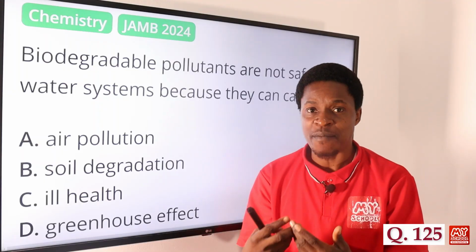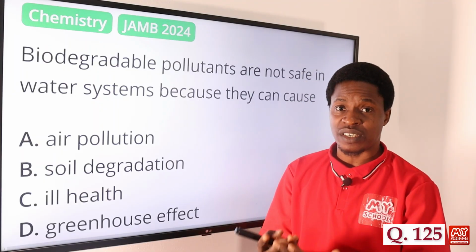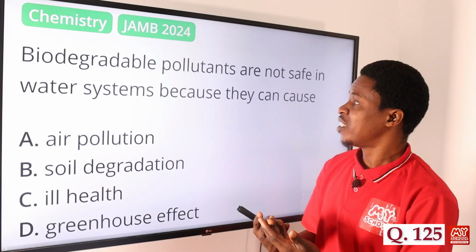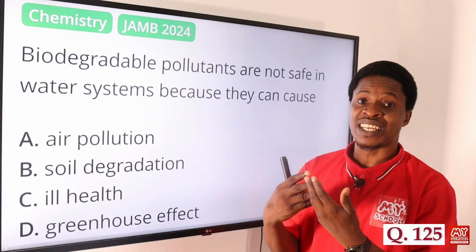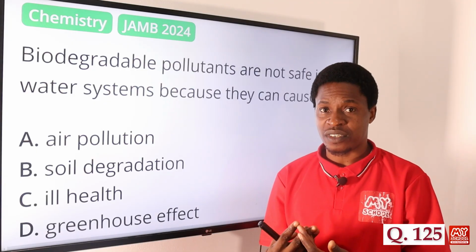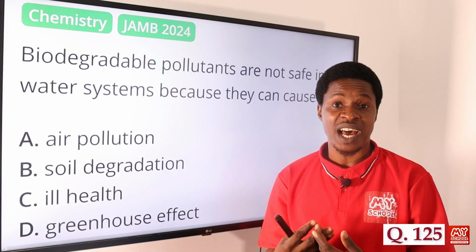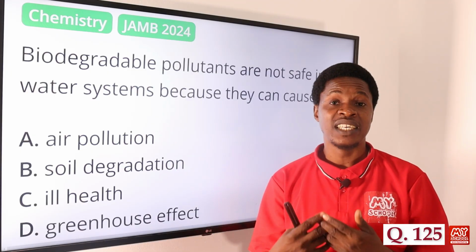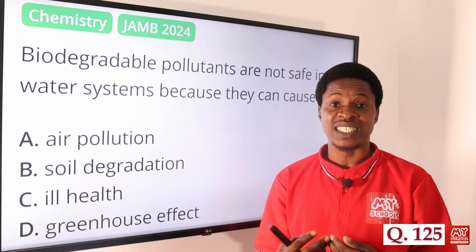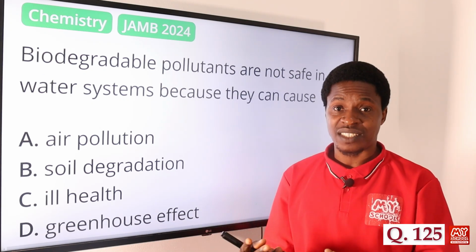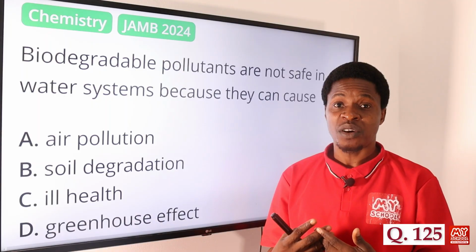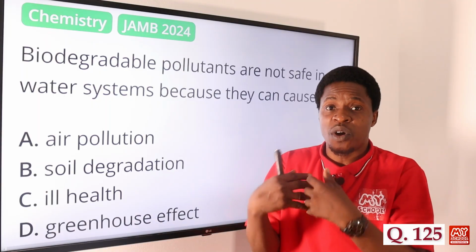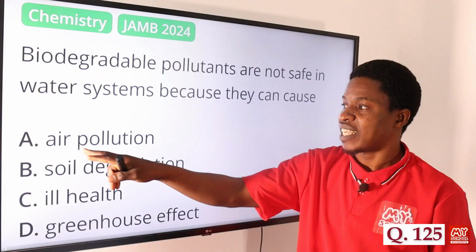Even though they have been broken down by bacteria and microorganisms, they are still not safe when they get into the water because they can cause the death of the fishes that we have there. Fish kill, what we call fish kill. The animals therein begin to die because once the pollutants get in there, they will cause the death of those organisms.